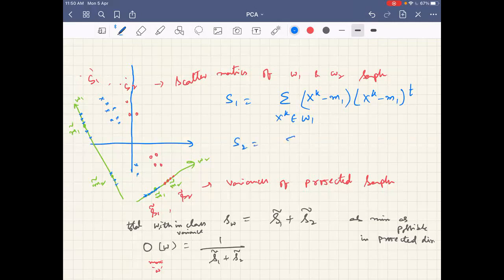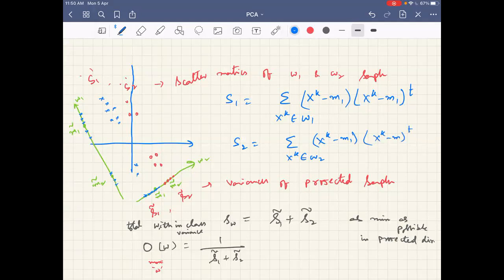Similarly, S2 is defined considering only the class 2 samples. You can consider the covariance matrix or scatter matrix. It doesn't matter much, it's just the scale. Finally, we are interested in the direction of W, not the magnitude of W. We want a unit direction along which we should project the samples.